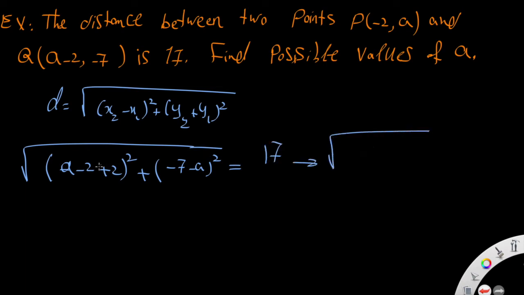Now it will be root of a squared plus 49 plus 14a plus a squared is equal to 17.